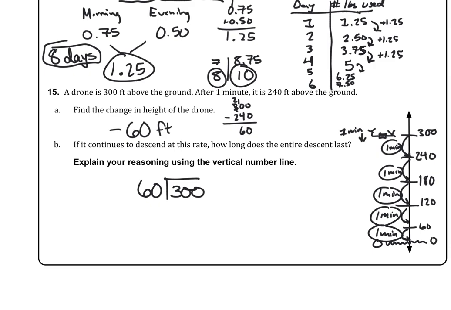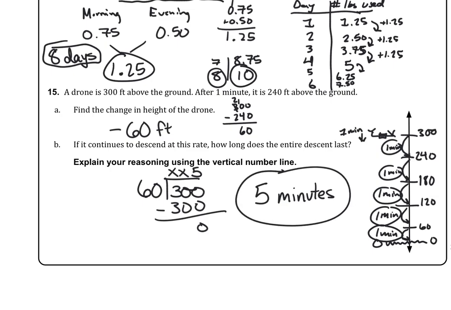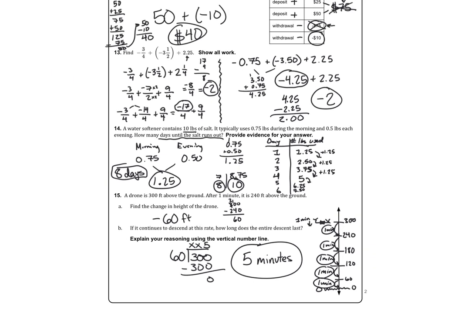Well, 60 goes in there 5 times evenly, meaning that's another way we could say this whole descent takes us 5 minutes. All right, there's our chapter 1 test review.